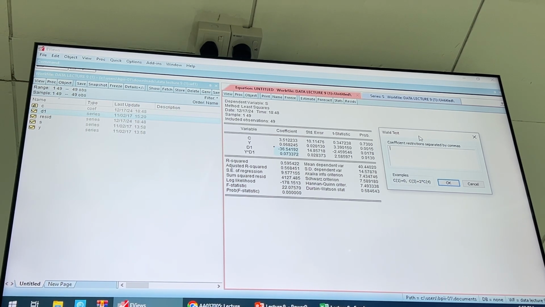The second part is a bit more difficult, but the first part, I think, is all simple and easy. I haven't marked the answers yet. So we need to test the coefficients for beta 2 and beta 3, which, based on the order, are coefficient number 3 and 4.